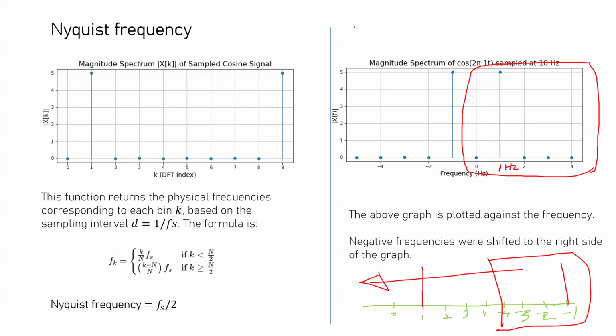So what is our signal? It is S is equal to amplitude 1 times cosine 2 pi times 1 times t.